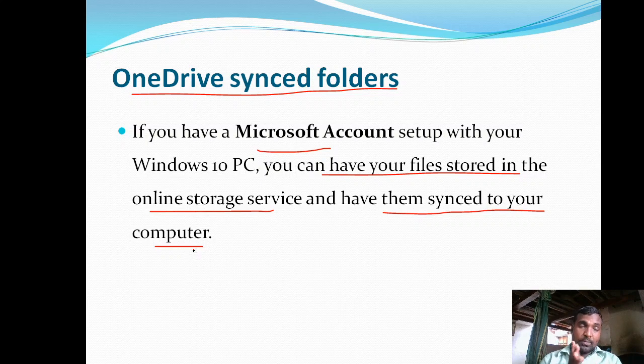For that purpose, you must have a Microsoft account associated with this particular PC. Then you can access the account not only on that PC, you can also access it anywhere around the world with the help of the internet, and you can access the files or folders which are already synced in that account. So it acts as a backup.